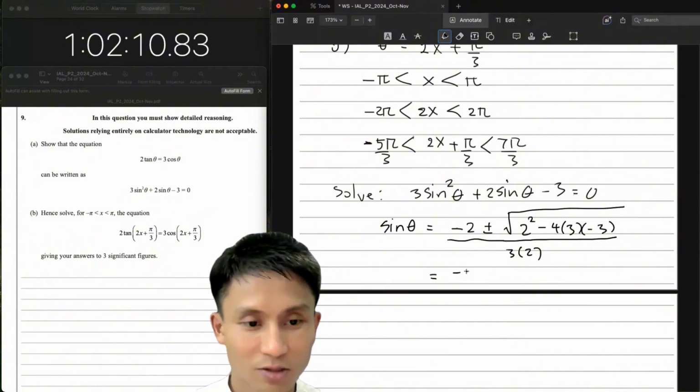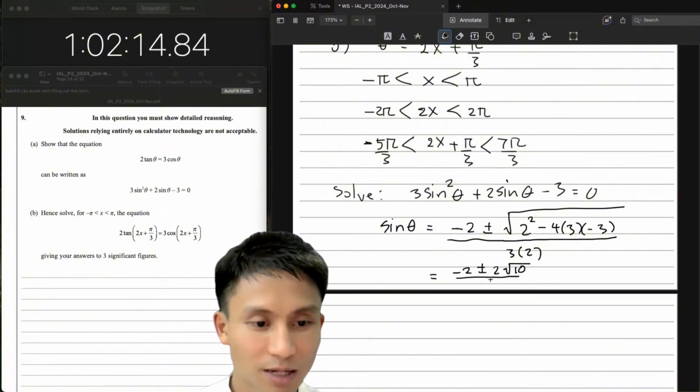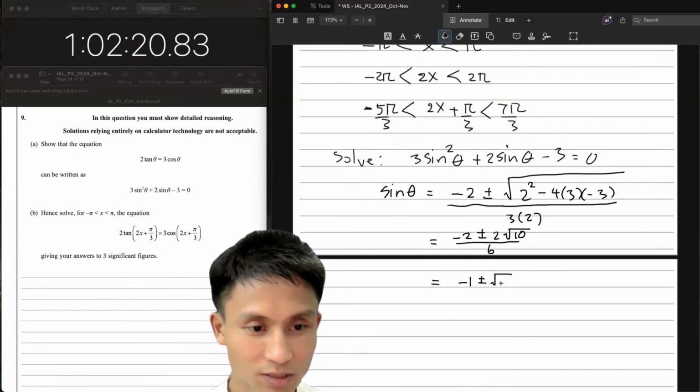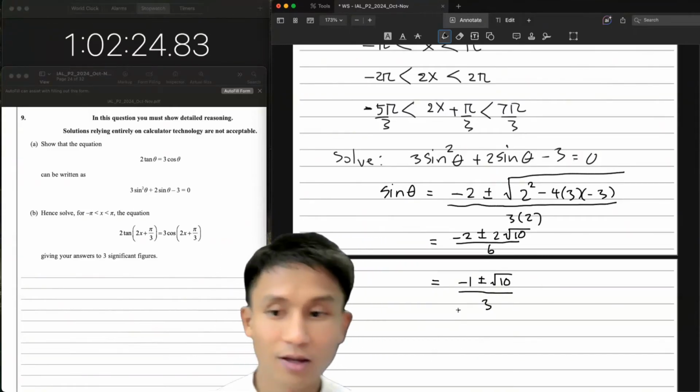So this is minus 2 plus or minus 2 root 10 divided by 6. And of course, we can cancel the 2 out, so we get minus 1 plus or minus root 10, divided by 3, just simplifying that.